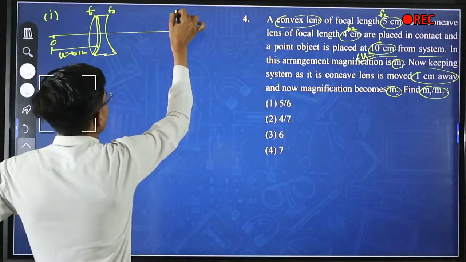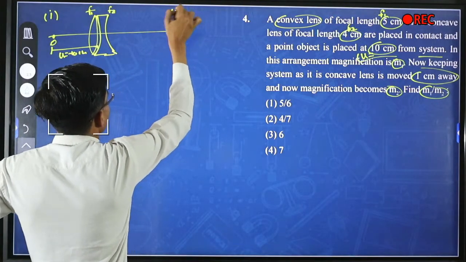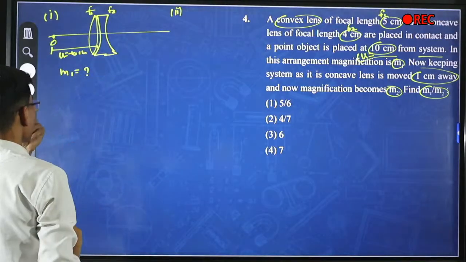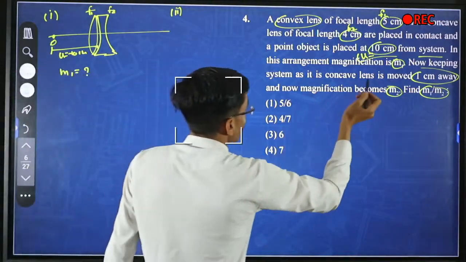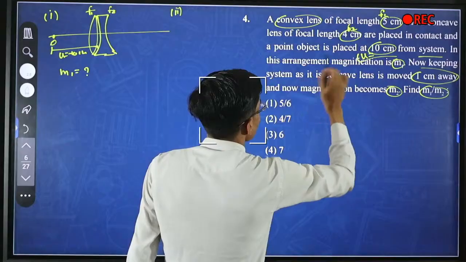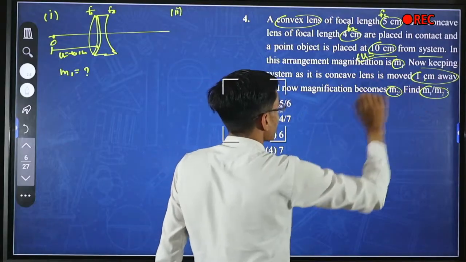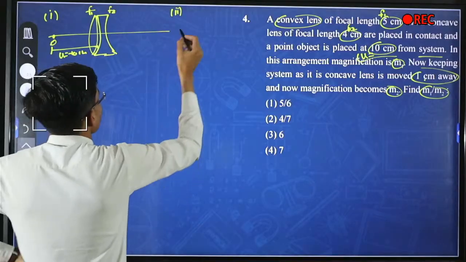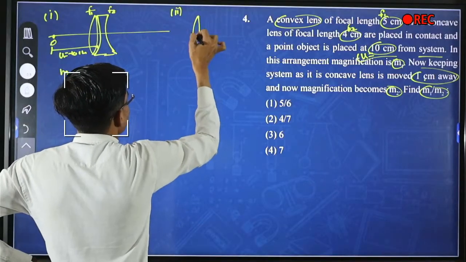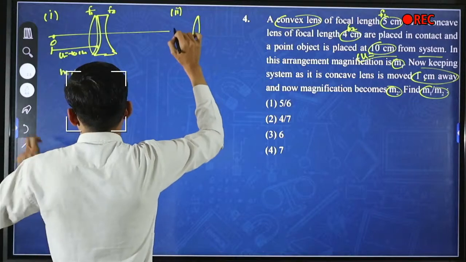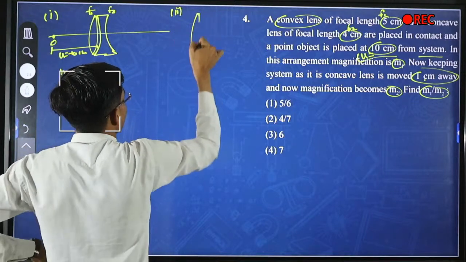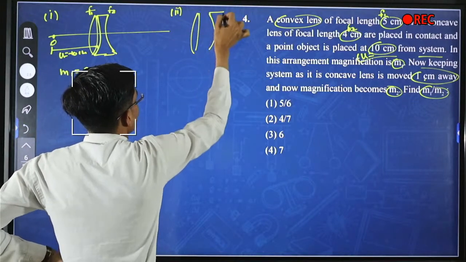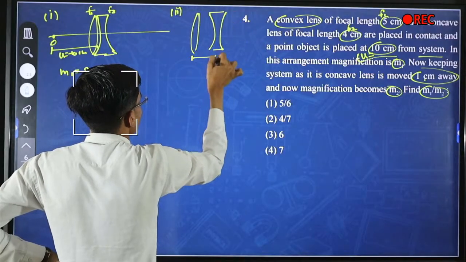And in the second condition, if the concave lens is moved further away by 1 cm, then magnification becomes m2. So the second condition will look like this. This is the convex lens and the concave lens is moved by 1 cm.